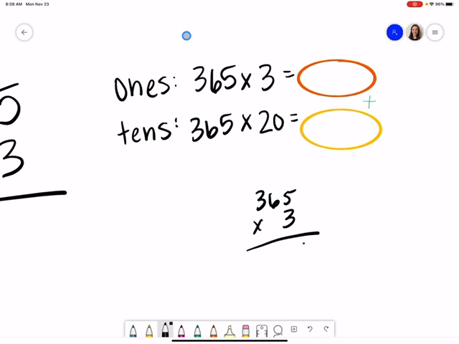So 5 times 3 is 15. 6 times 3 is 18, plus 1 is 19. 3 times 3 is 9, plus 1 is 10. 1,095. And then 365 times 20.